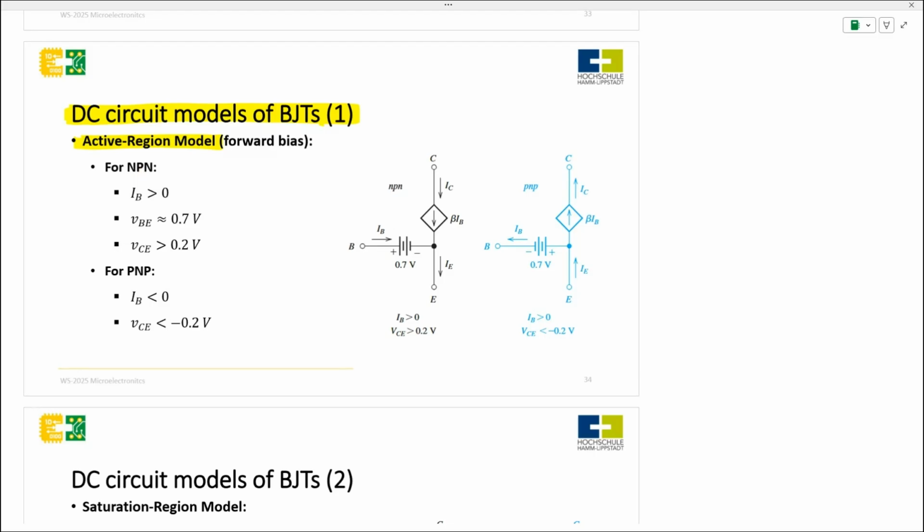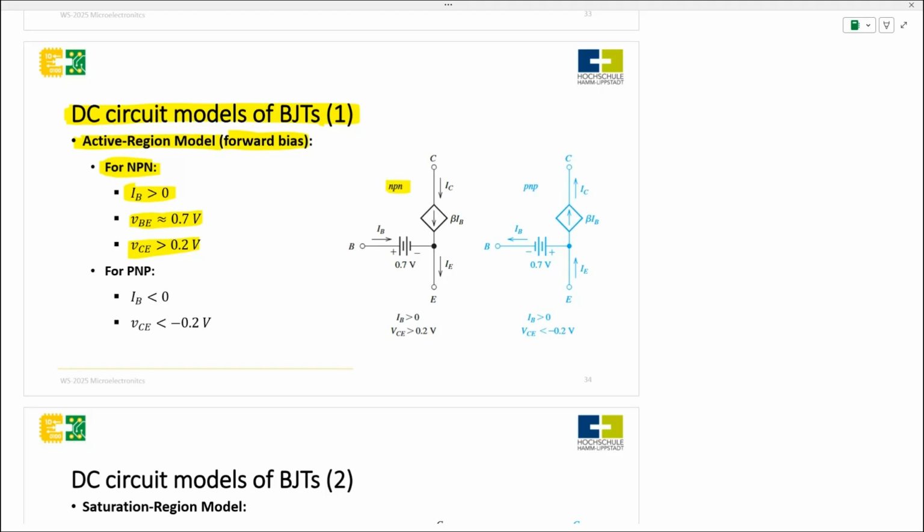So for the NPN, when we have an IB superior to 0, VBE is almost equal to 0.7 volt, and our VCE is equal to 0.2 volts.